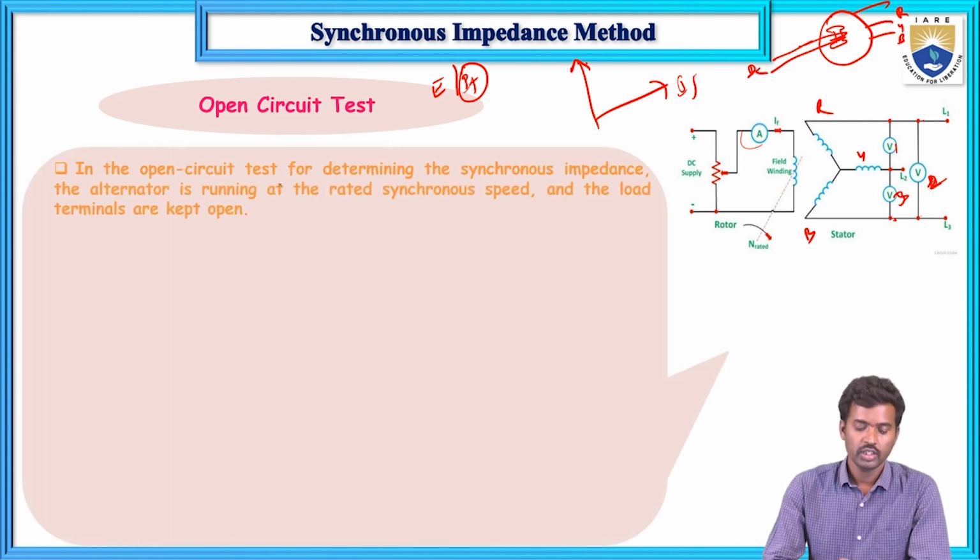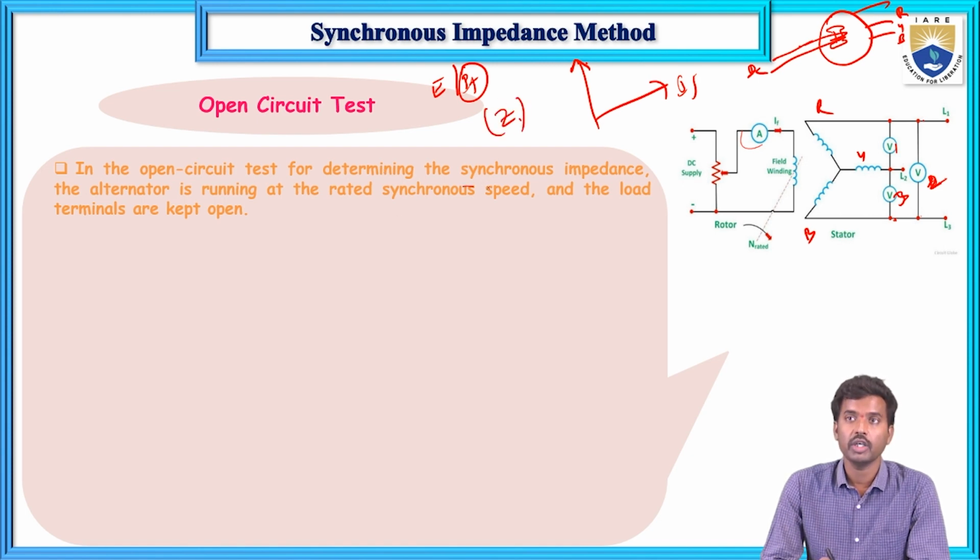Now here, open circuit test. First, for determining the synchronous impedance, the alternator is running at rated speed and load terminals are kept open. Alternator running at rated speed, see here the diagram.